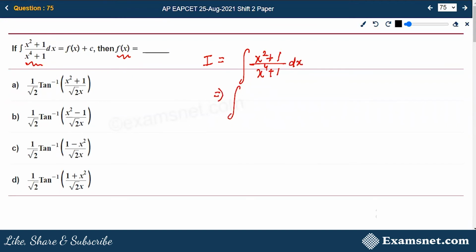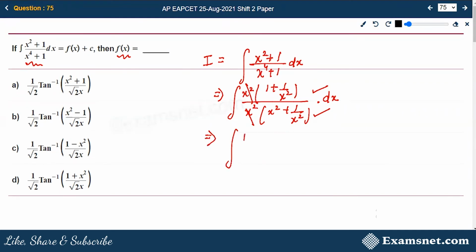Taking x square common from the numerator and the denominator, it will be 1 plus 1 by x square upon x square plus 1 by x square into dx. The x squares will get cancelled. Now I'll split up the denominator further.